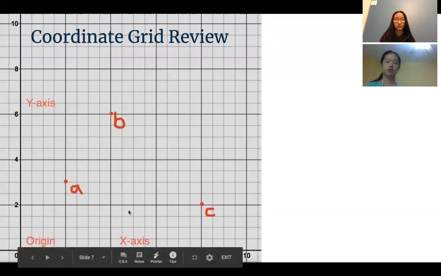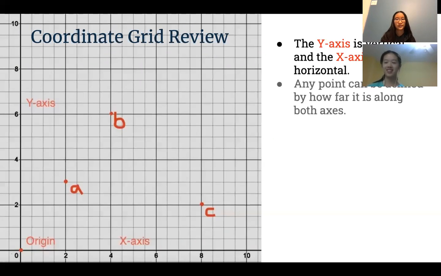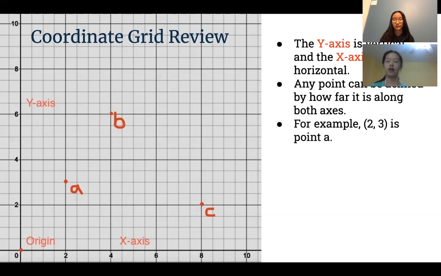Okay, so for a quick coordinate grid review. On a coordinate plane, the y-axis is vertical and the x-axis is horizontal. And points on a plane can be represented with coordinates, which can be represented by how far they are along the x-axis and how far they are along the y-axis.